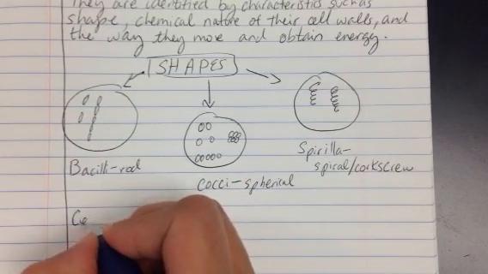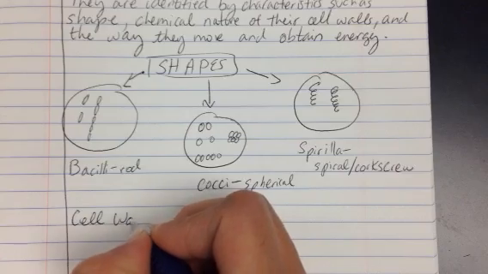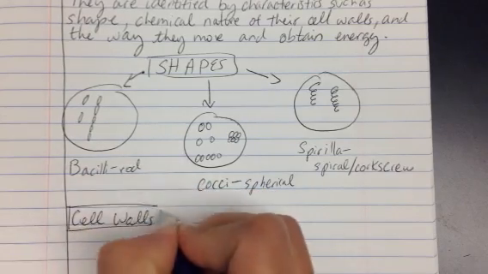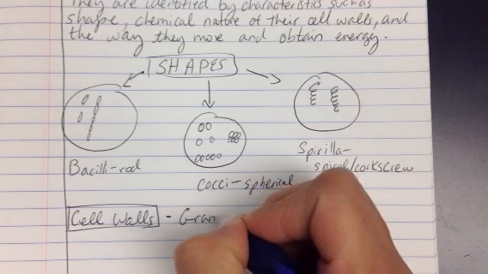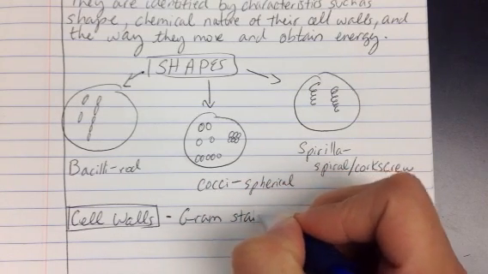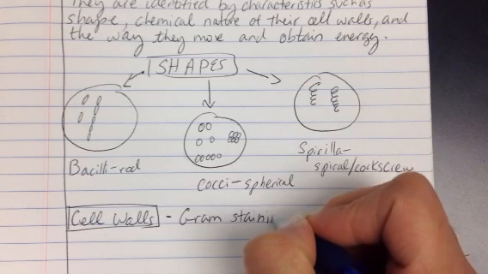We can also identify bacteria based on the chemical composition of their cell walls. And there's a technique called gram staining that is used to identify different types of bacteria.